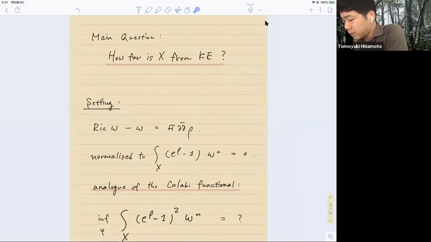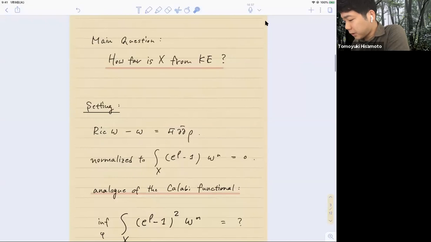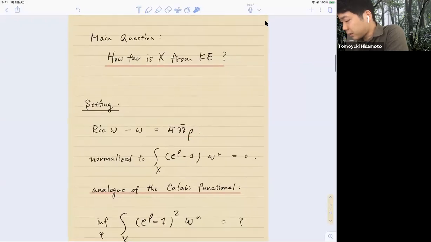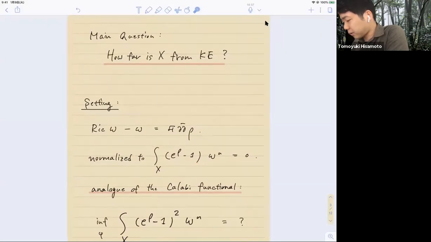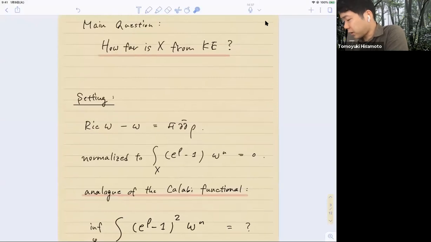So let me write the Ricci curvature of this given metric, like here, and consider the difference of the Ricci curvature with the metric omega. Then by the dd-bar lemma, we can take the Ricci potential rho, and we always normalize the Ricci potential so that the integration of e to the rho minus 1 is 0. This is the normalizing condition which we take throughout this talk.